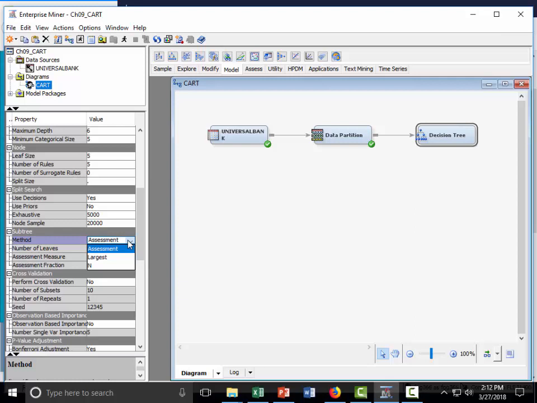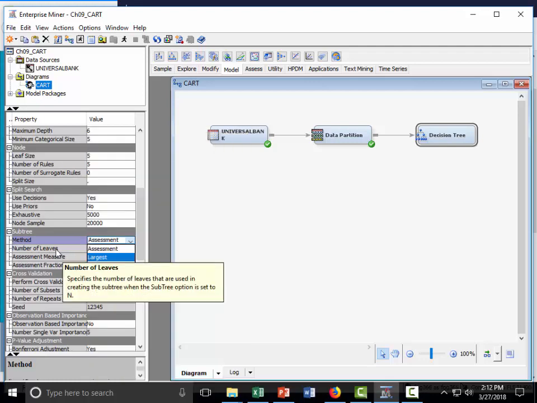Whatever the assessment rule is, and that value will be used for pruning. Now largest is no pruning, it will just create the largest possible tree for the data. N is the number of leaves, how many you want.